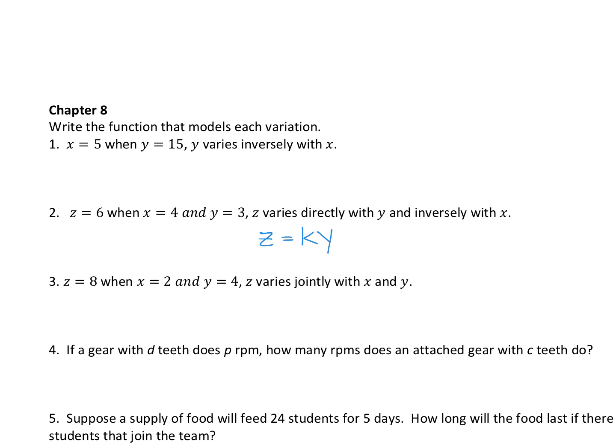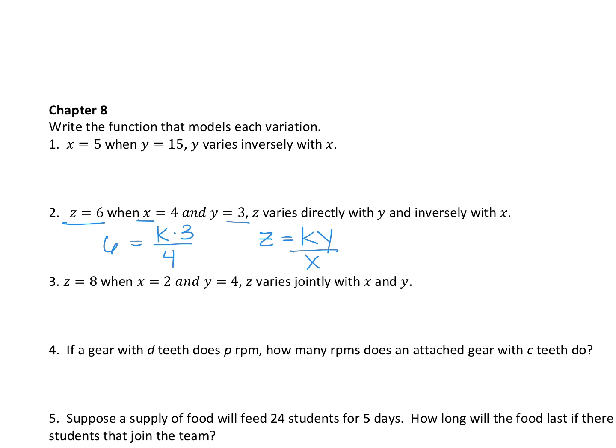What's inversely? That's division. Inversely with x, okay? So that's your setup, and then you have these numbers. Z is 6, x is 4, so 4 is going to be on bottom. K is what we're going to solve for, and then y is up top, right here.